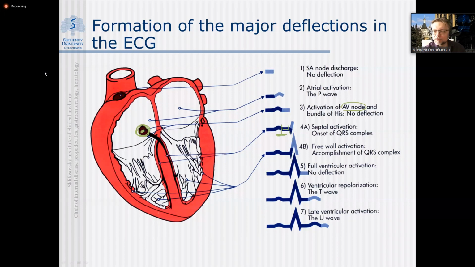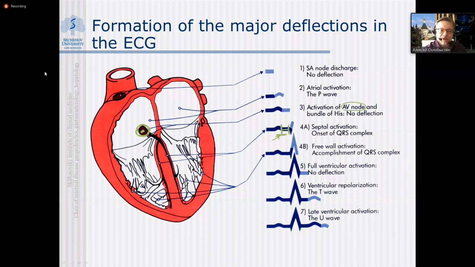So we can only see the portion of AV nodal activation after activation of atria is over and before activation of ventricles starts. Only that portion is visible on the physiological line. Any possible overlay with atrial activation isn't visible.